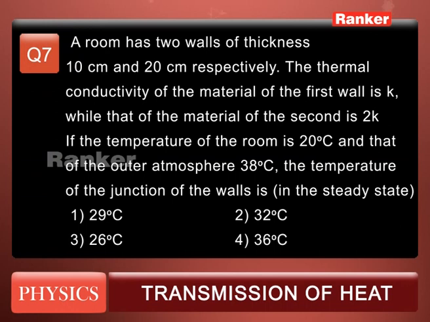Question number 7. A room has two walls of thickness 10 cm and 20 cm respectively. The thermal conductivity of the material of the first wall is K, while that of the material of the second is 2K.